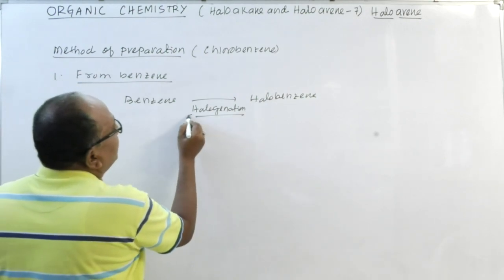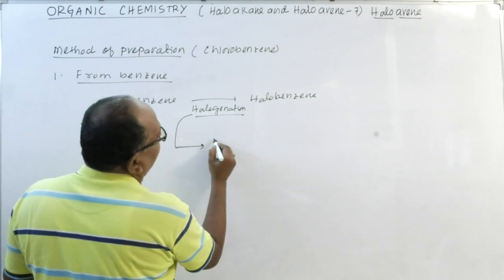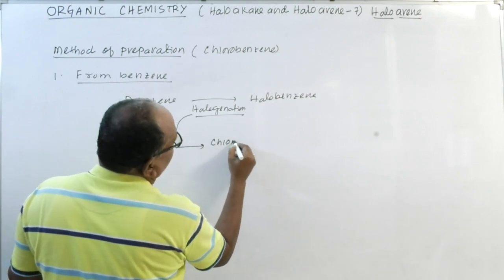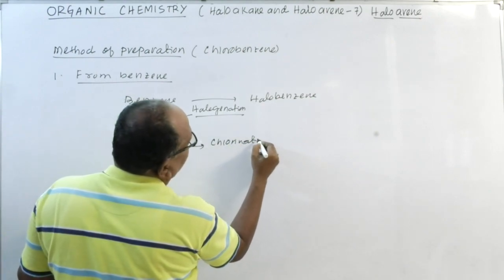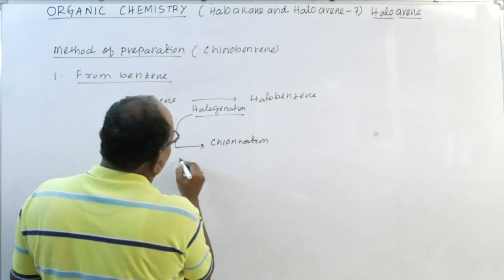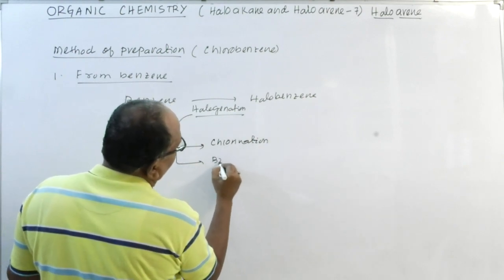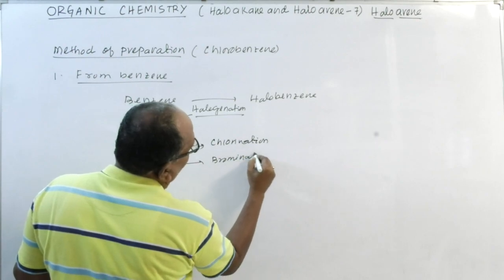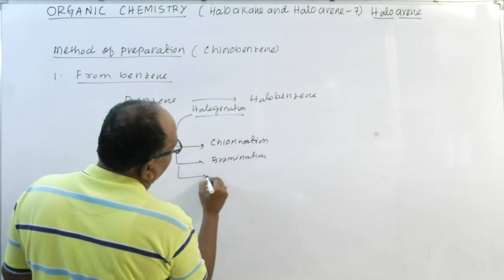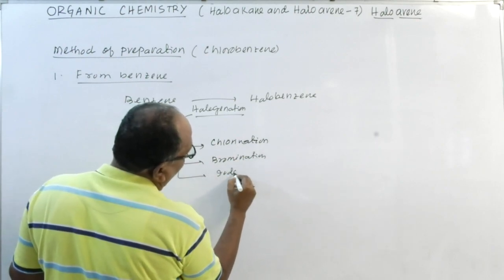Again, the halogenation is of 3 types. One is called chlorination, bromination, and iodination.